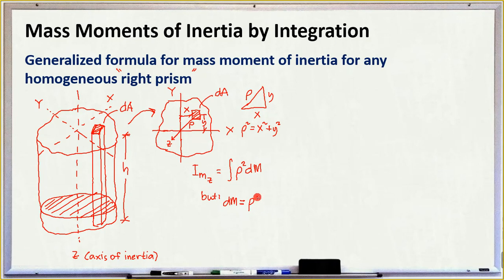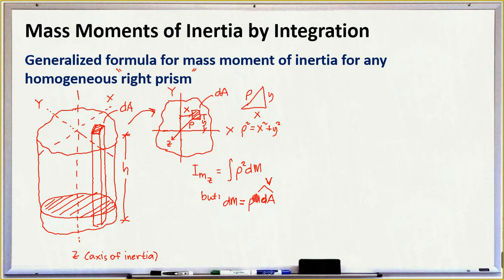That is density times height times the area. That is the cross-sectional area times the height. That is our volume.